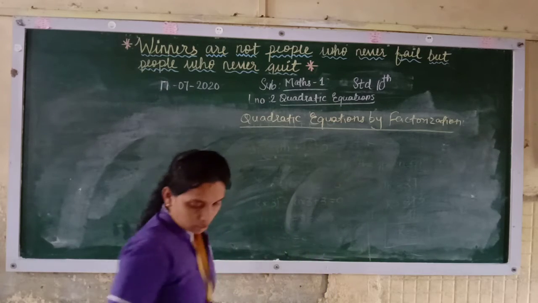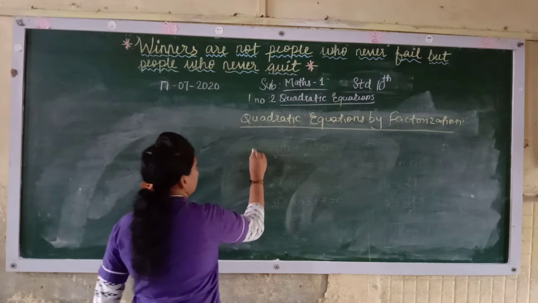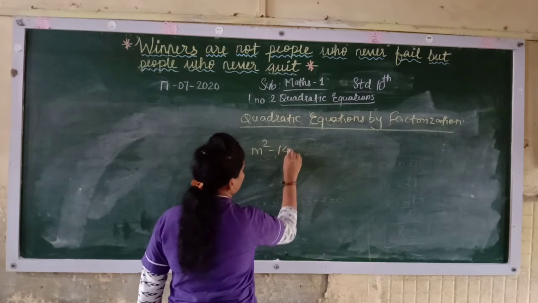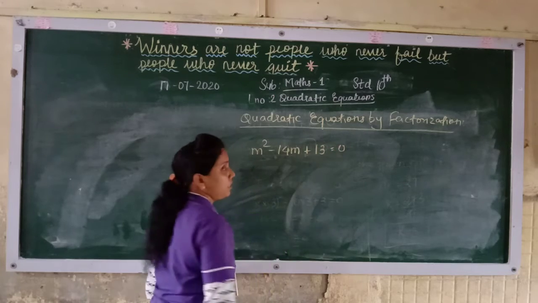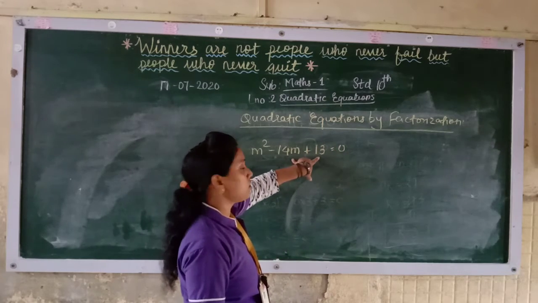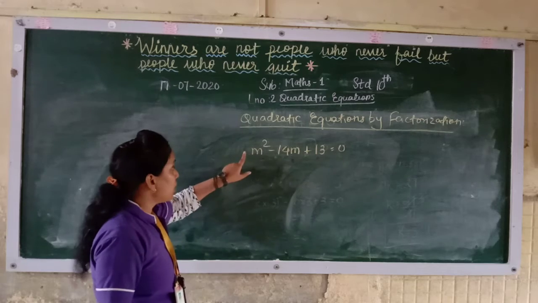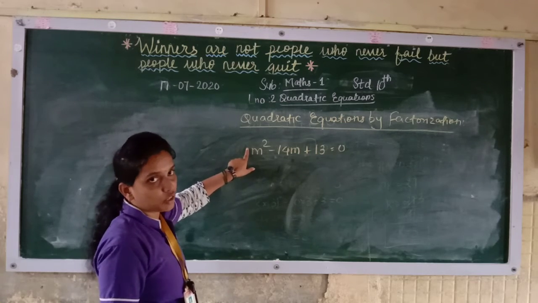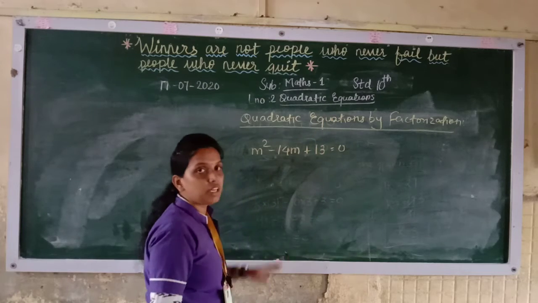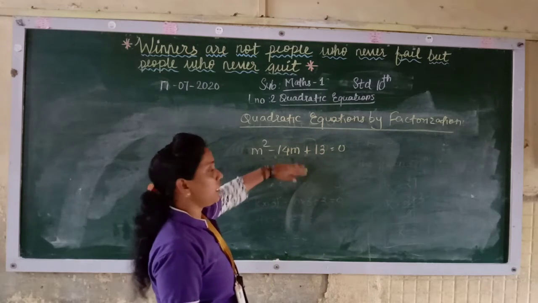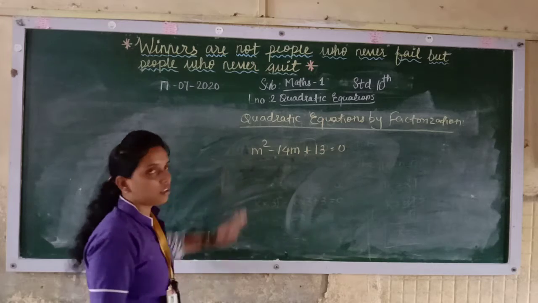So this way you should solve the sums over here. For example, this sum: n square minus 14n plus 13 is equal to 0. So here it is important to see this term and this term, and also the first term. Here if you have a coefficient over here, then that coefficient you have to multiply by 13, and arrange it in between. But here it is not there, correct?